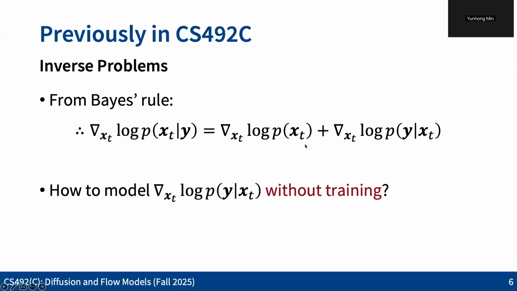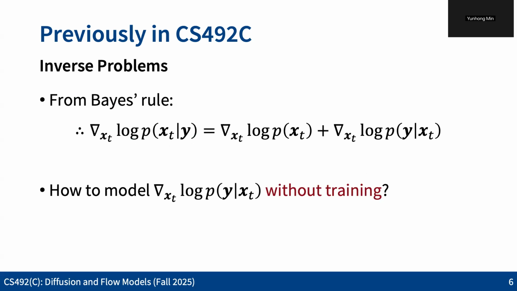So the problem becomes how we can model this conditional score. This is what we want to compute: given the condition y, how can we compute the score for x_t. Using the Bayes rule, the marginal score is something we predict using the neural net.